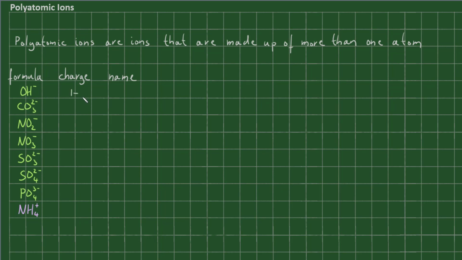The name of this polyatomic ion is hydroxide. The next one has a formula of CO3 2-, indicating that it is made up of a single carbon atom and 3 oxygen atoms. Overall, the charge is 2 negative. The name of this ion is carbonate.